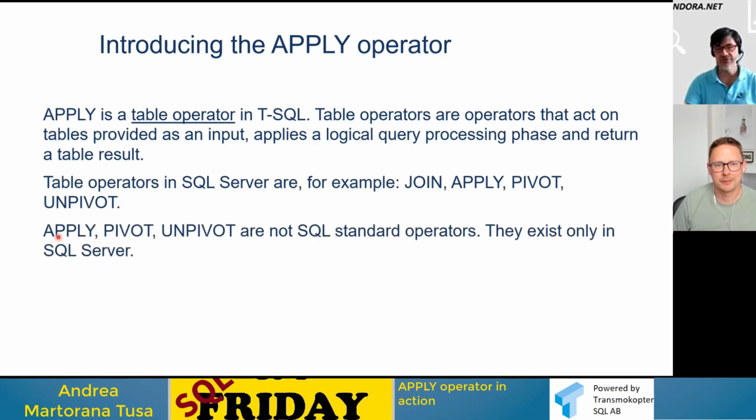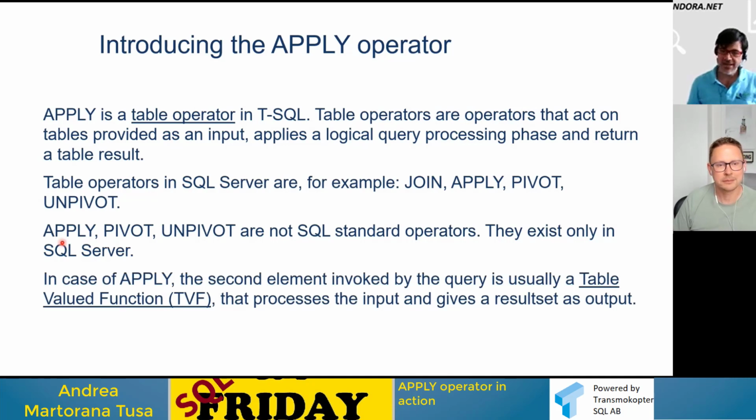Please note that apply, pivot, and unpivot are not standard SQL operators, so they exist only in SQL Server. In T-SQL, I have a slide at the end of the session because there is something pretty similar to apply in standard SQL. We will discuss it as the last topic. So we are focusing on the T-SQL language that works only on SQL Server.